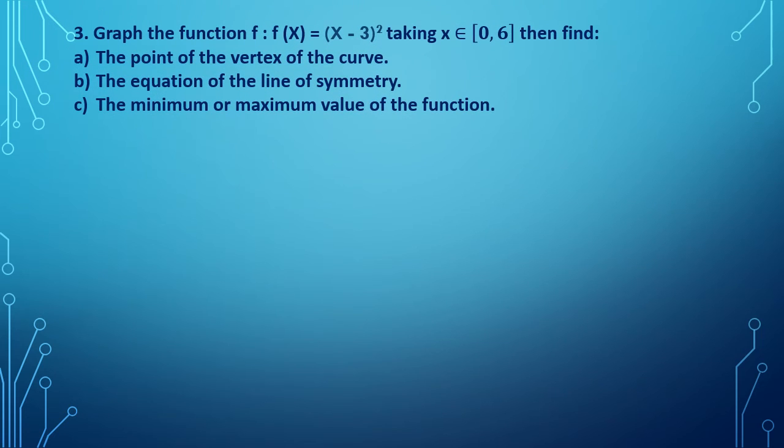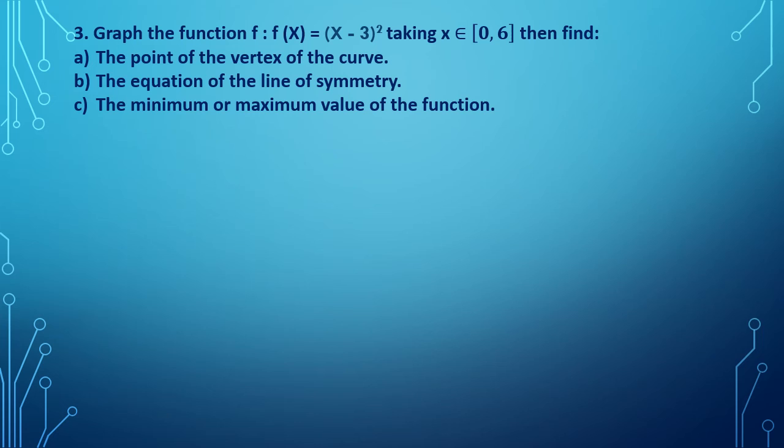Another graph for the function, and here it will be (x minus 3) all to the power 2 for the interval from 0 to 4. Then find the vertex point of the curve, the equation of the line of symmetry, and the minimum and maximum value of the function.